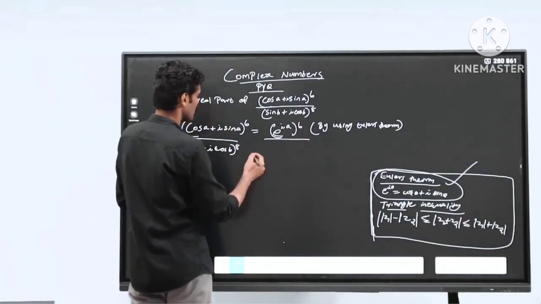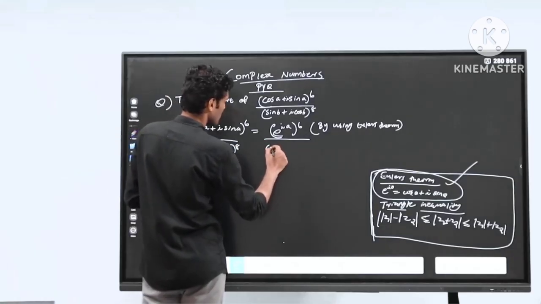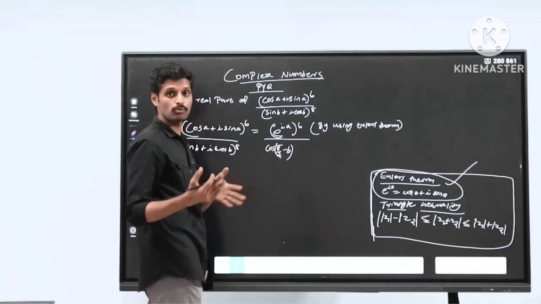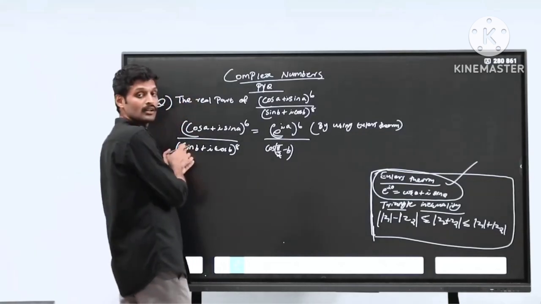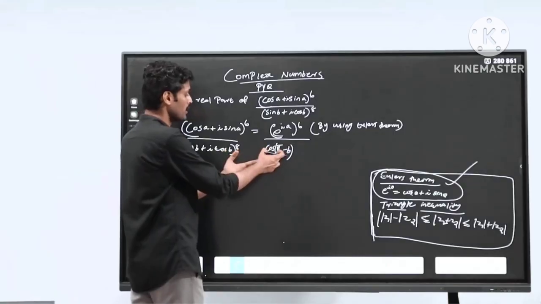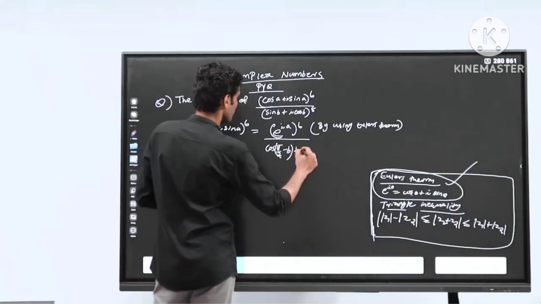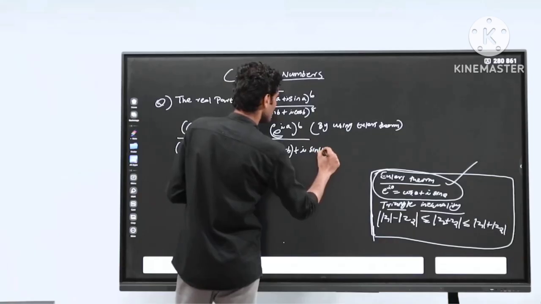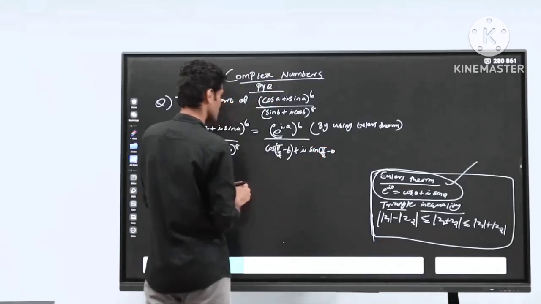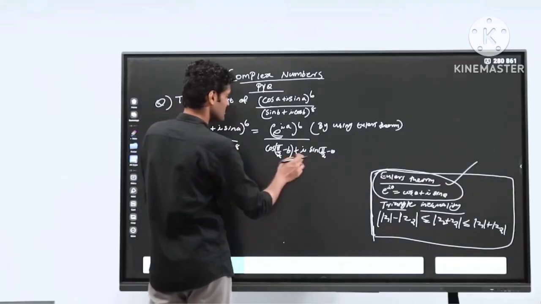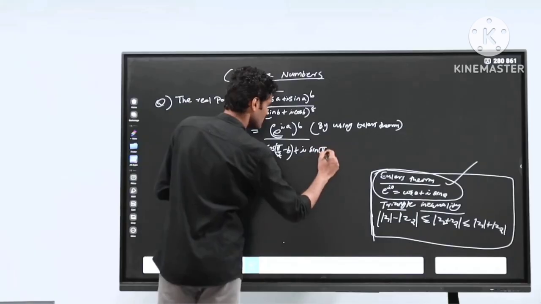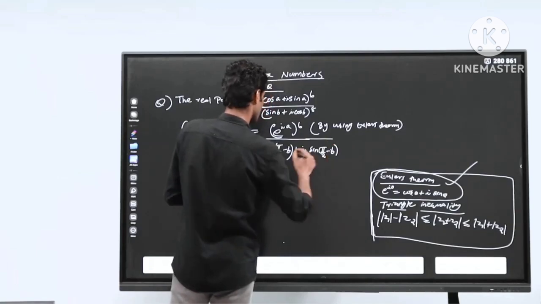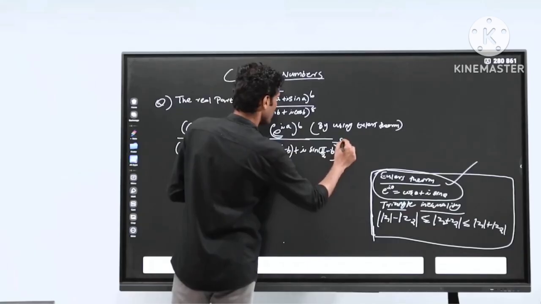For that, we convert sin B as cos of (pi by 2 minus B), as we know cos(pi by 2 minus theta) is sin theta. Plus we convert cos into sin: i sin of (pi by 2 minus B), again we know sin(pi by 2 minus theta) is cos theta. Here theta is B. So (pi by 2 minus B) whole raised to 8, right?